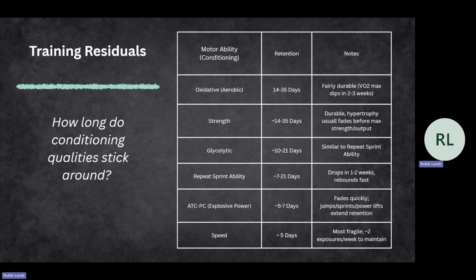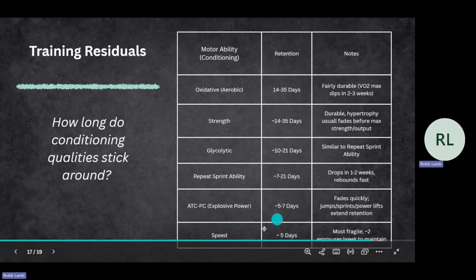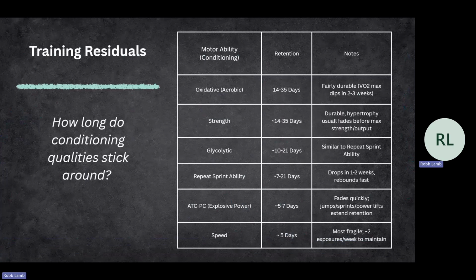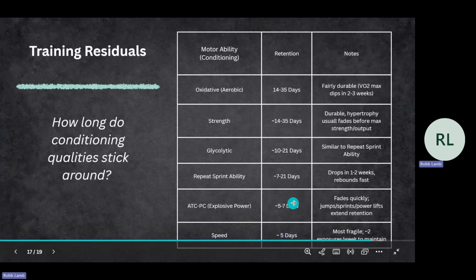So if they're coming off a season or they're almost always in season, which we do see a lot, we just want to make sure that they're keeping these 3 things, this repeat sprintability stuff, the explosive power stuff, the speed stuff, continuing to do that once or twice a week, because those things are going to drop off fairly quickly.